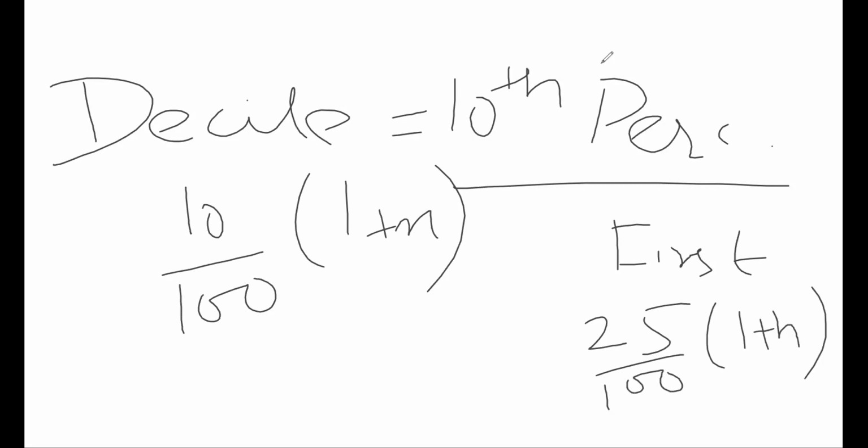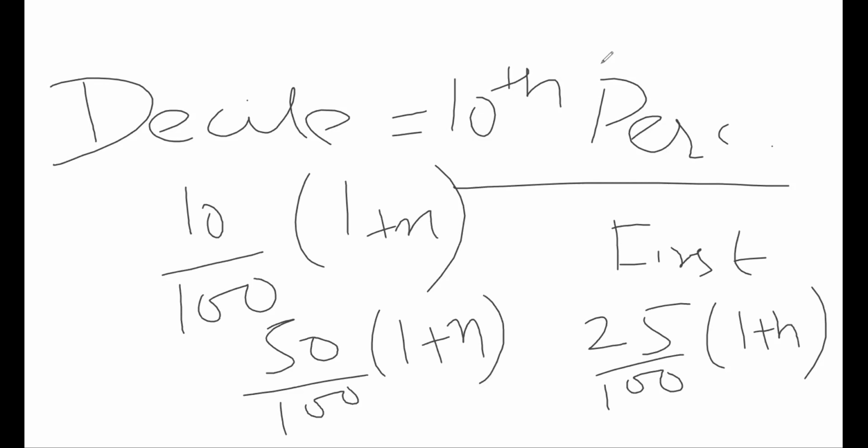The second quartile would be 50 divided by 100 times (1 plus n). This is similar to our median, so we can calculate our median with the help of this formula also. And for the third quartile, it would be 75 divided by 100 times (1 plus n). By calculating these values, we get the rank, meaning which number we have to take.